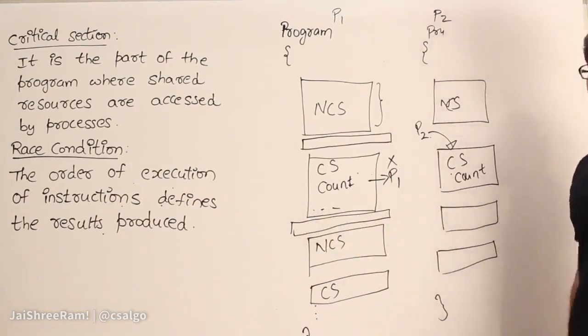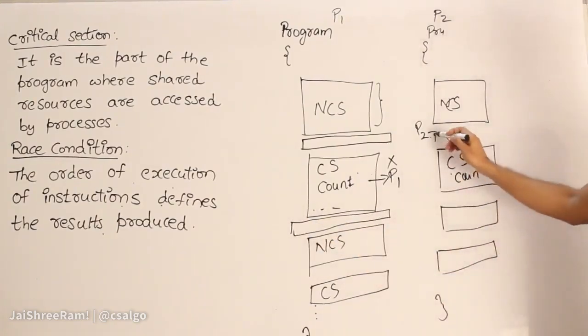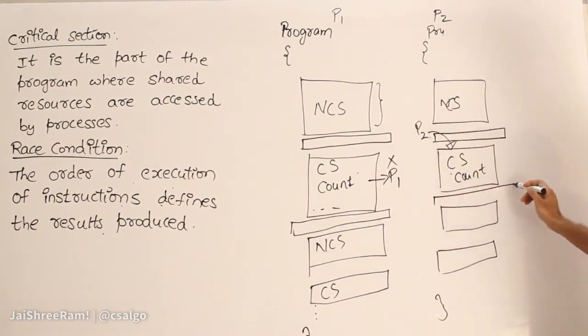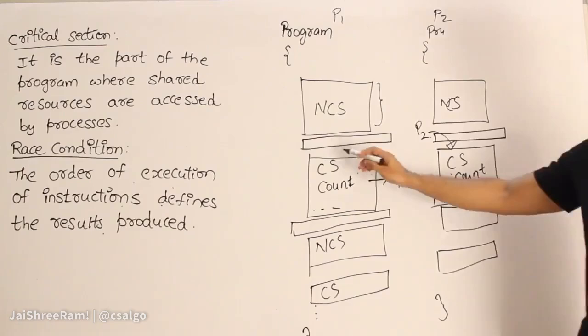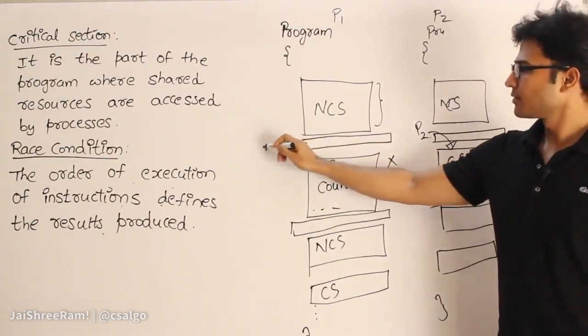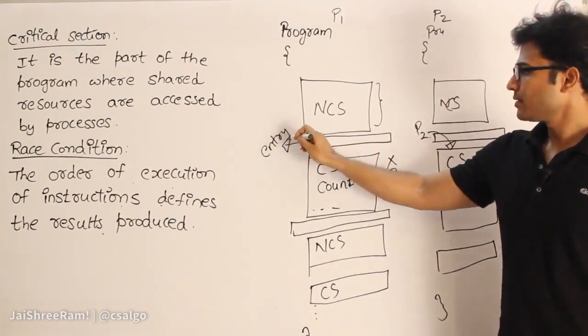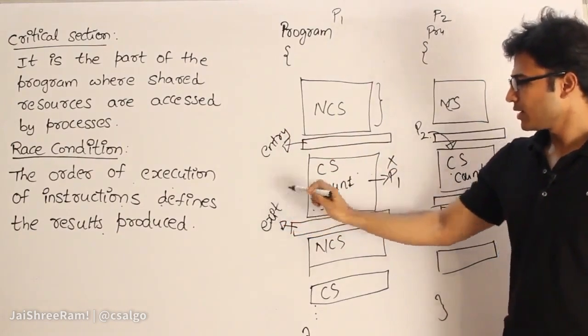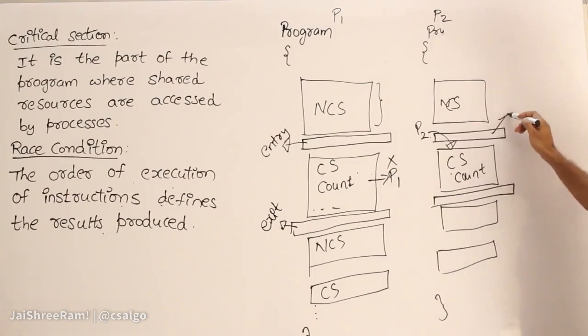For every critical section you do it, which means here also we put a code here and here we put a small piece of code, and this is called as entry section and this is called as exit section, right? And here also I am going to put the code.